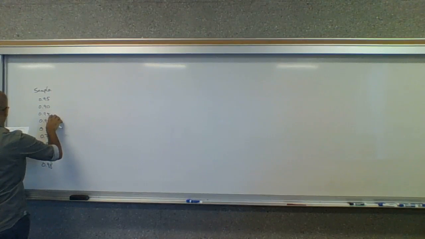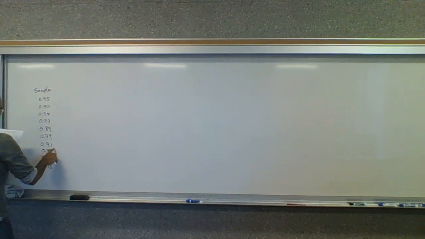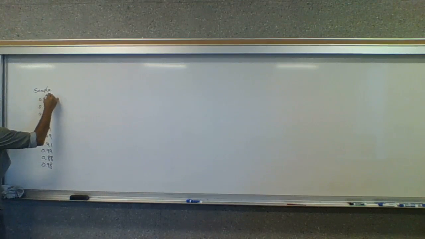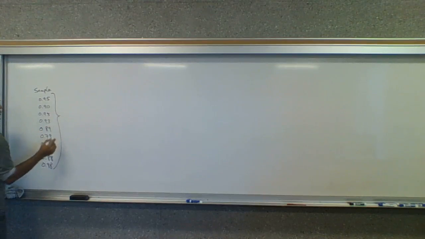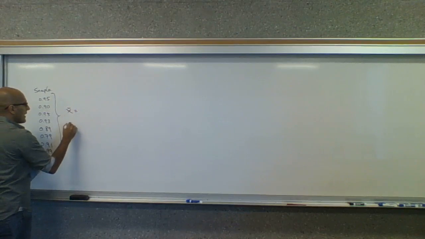So put that all into your calculator, list 1, do a one variable statistics, and we should be able to get our sample mean and our sample standard deviation. And n is equal to 10.